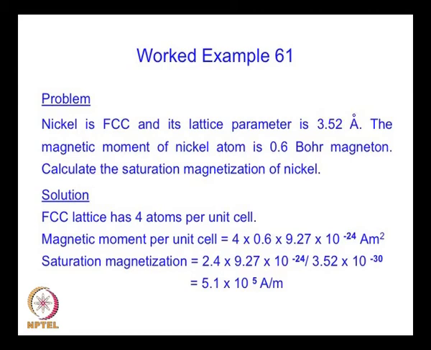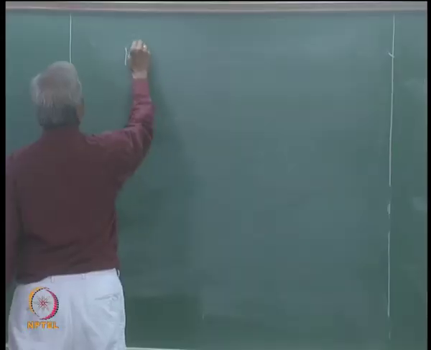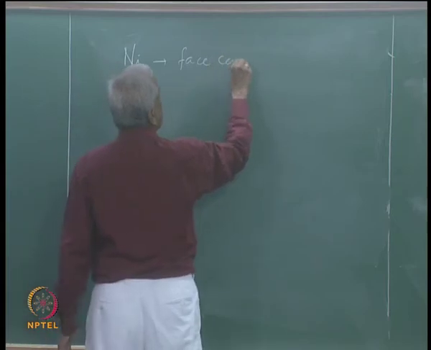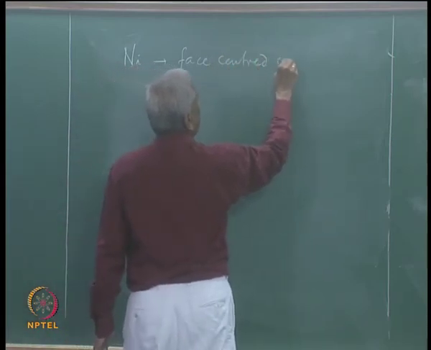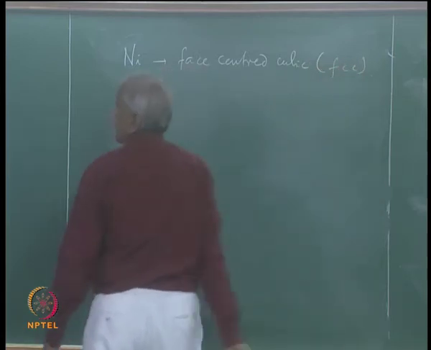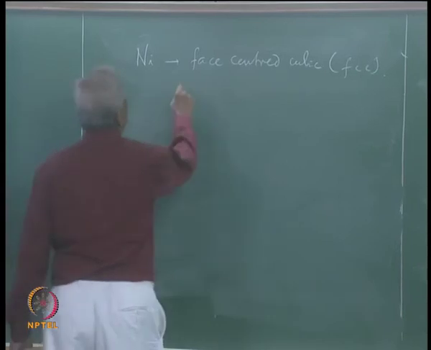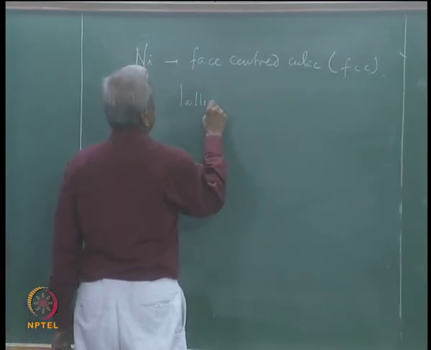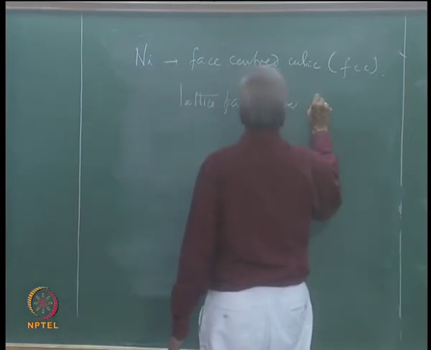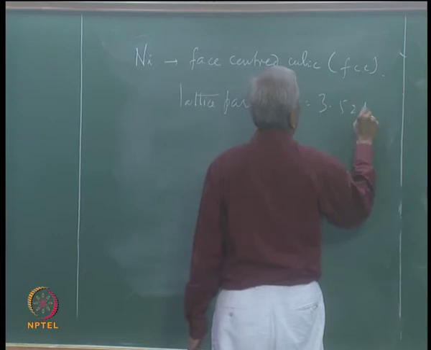Next is a problem on nickel, which we are told has an FCC structure, face centered cubic, and its lattice parameter is given to be 3.52 angstroms.